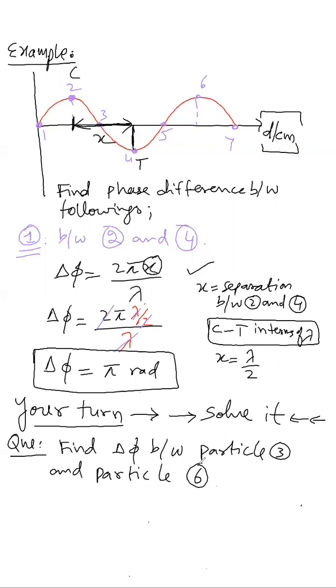So pause the video now and solve the question, and as soon as you solved it, play the video again to check your answer. Pause the video and solve it.